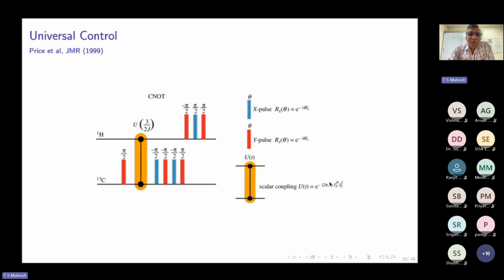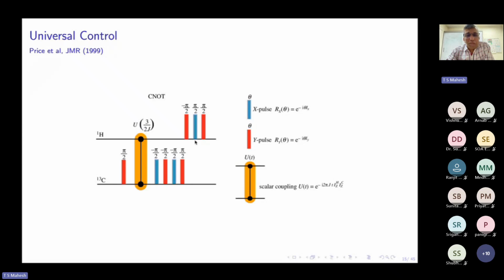We don't have to do anything specific for this, because in every molecule, the nuclear spins which are close by already have this built-in J coupling. We just have to measure them accurately and then let them evolve for a certain time, such that the rotation about this ZZ operator should be this 3 by 2J.